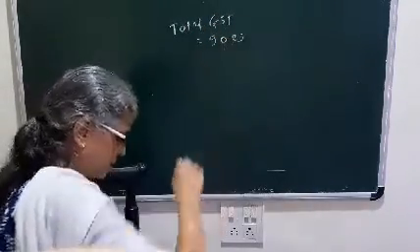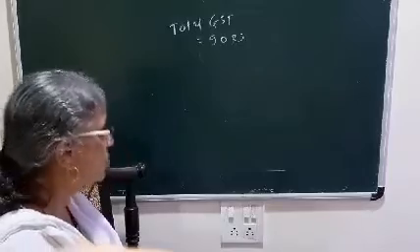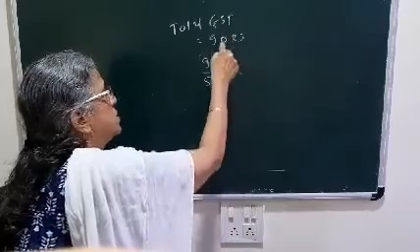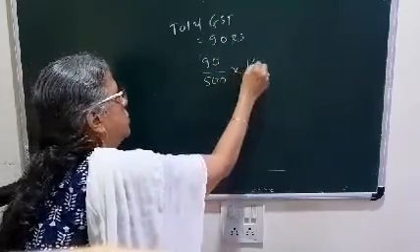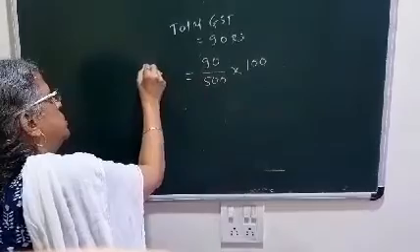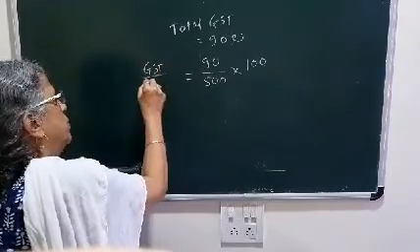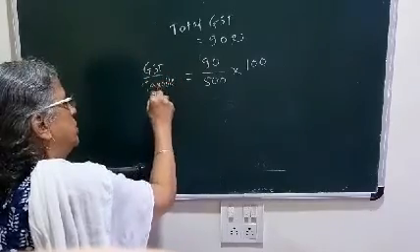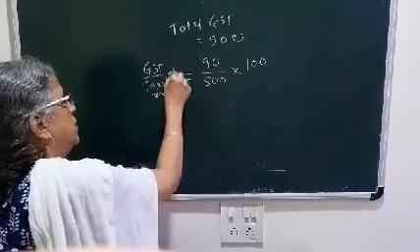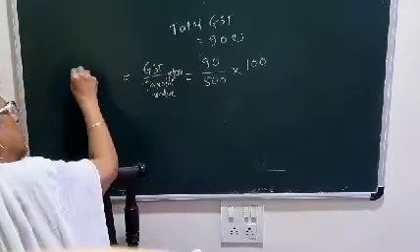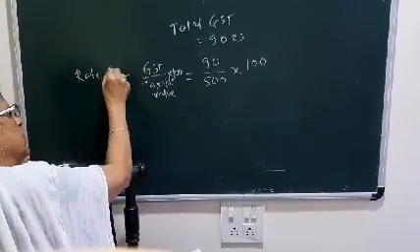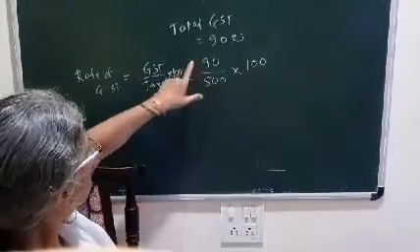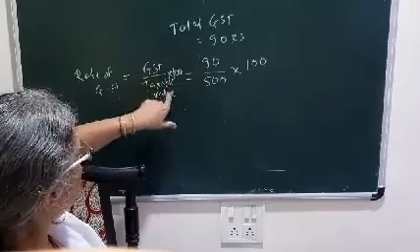And now they have asked for the rate of GST. So the rate of GST is 90 upon 500, that is GST upon the taxable value into 100. Followed? Remember this formula: for finding the rate of GST, you have to take GST upon the taxable value into 100.